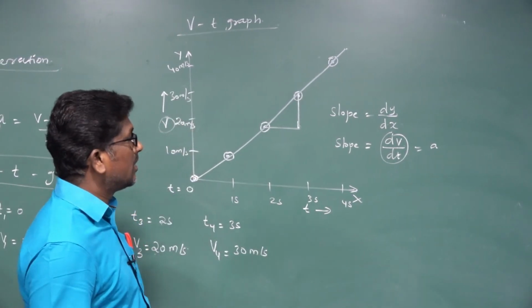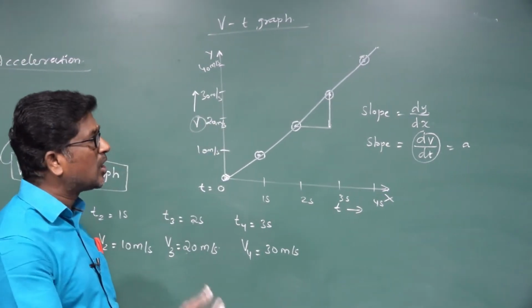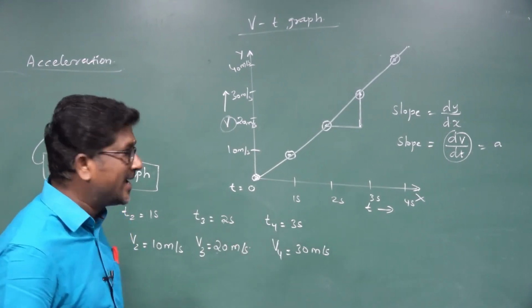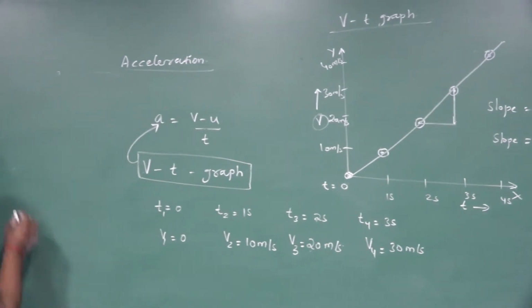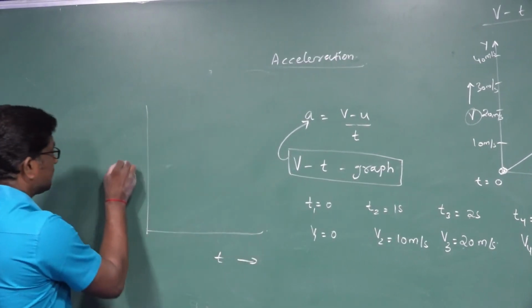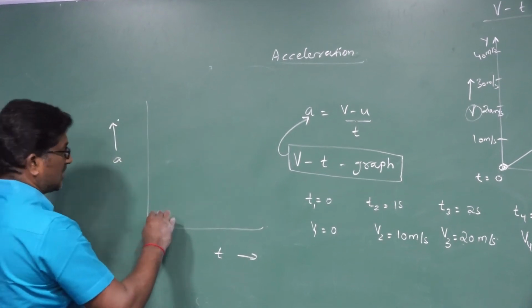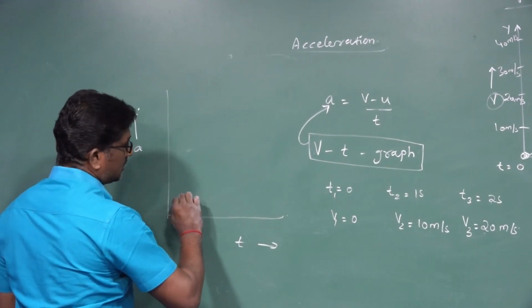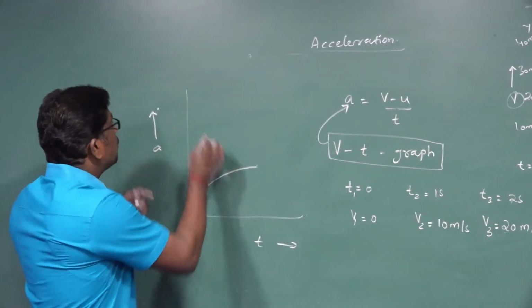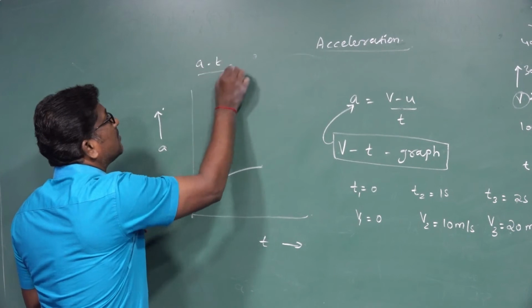Suppose we draw a graph by taking time along the x-axis and acceleration along the y-axis. Suppose the graph is acting like this. Right. So what is the use of the acceleration time graph?